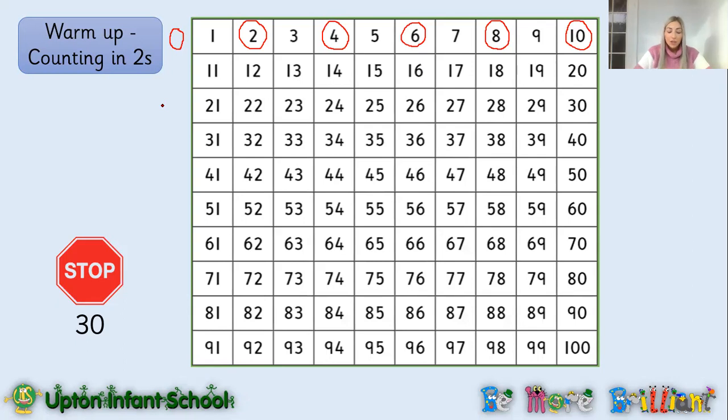And what I would like you to do then is have a go at circling them on your 100 square. So I'm going to have a go. And I will see you in a second once we have circled all of those numbers up to 30. Off you go.